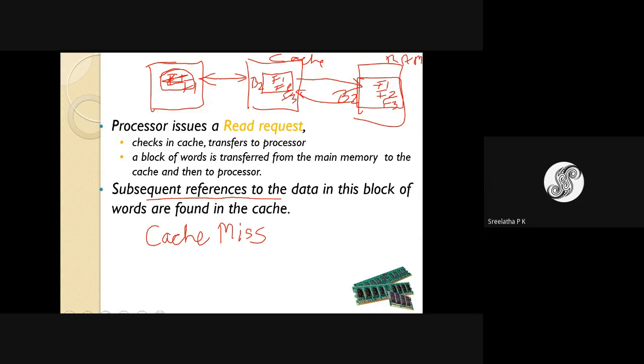Now suppose the processor requests the F2 instruction. Is the F2 instruction present in cache memory now? Processor requests the F2 instruction, which it wants to execute next. Is the F2 instruction present in cache memory?